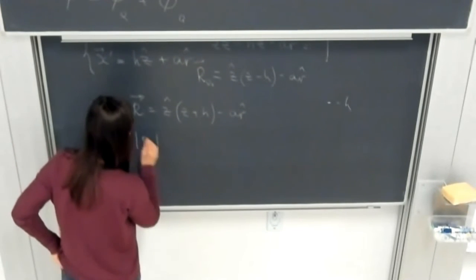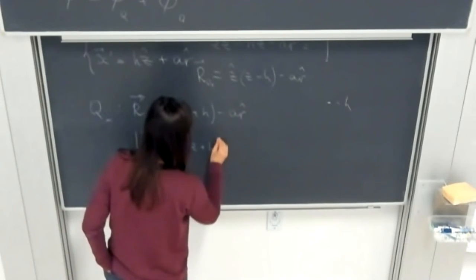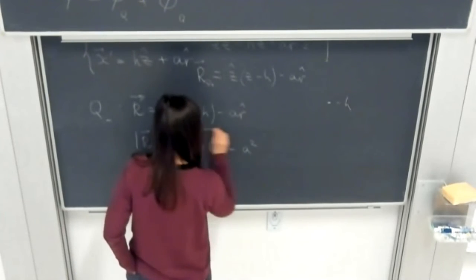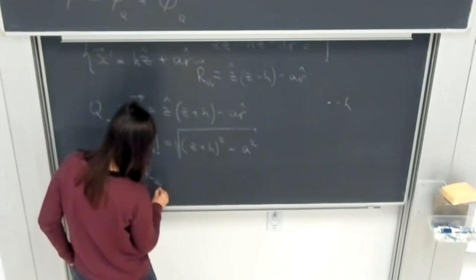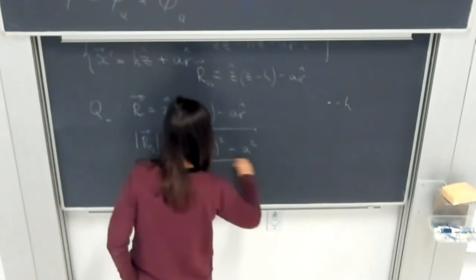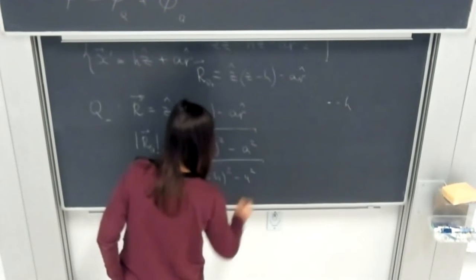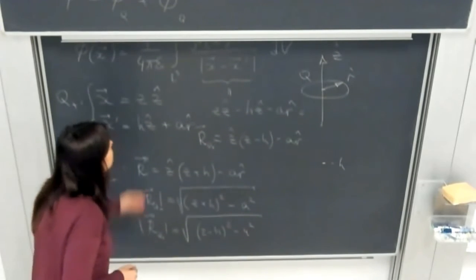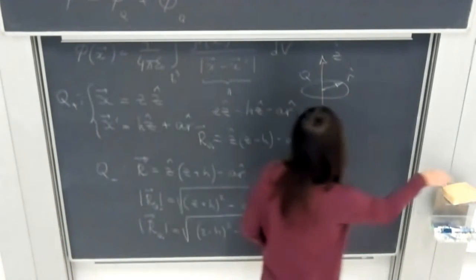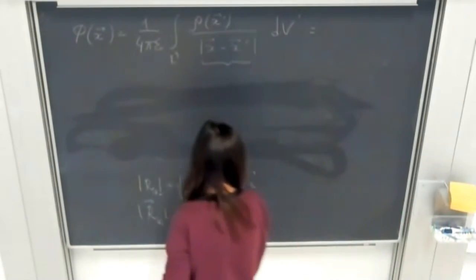So the absolute value would be for the q minus and for the q plus. Then we plug it in this equation here. Okay, when it's squared, here is a plus and plus.